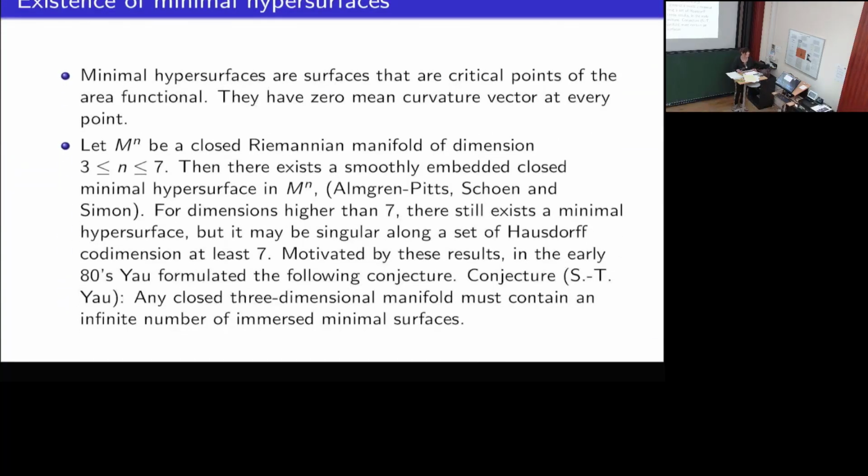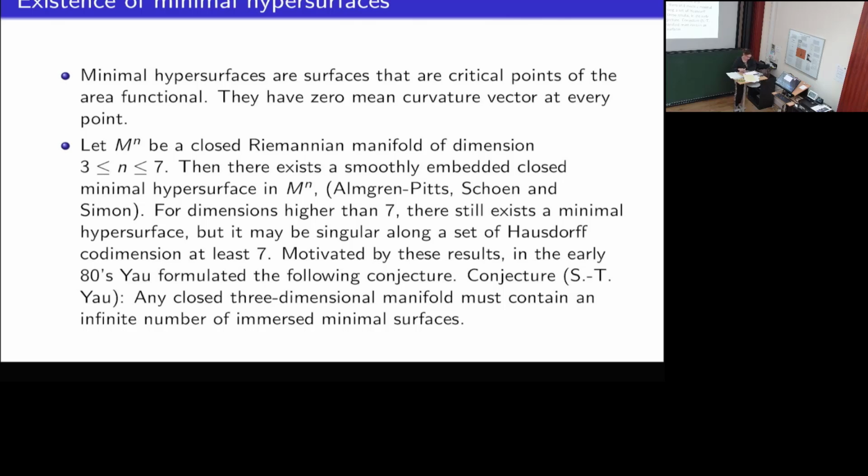Starting with the old result of Almgren, Pitts, Schoen, and Simon, who showed that you can find a minimal hypersurface in a closed Riemannian manifold of dimension between 3 and 7, and otherwise you might have some singularities.